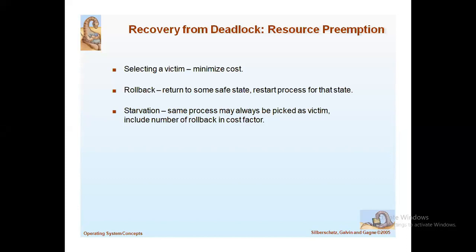And starvation. Starvation is when the same process is selected as a victim again and again. Resources should not always be preempted from the same process, otherwise starvation will occur.